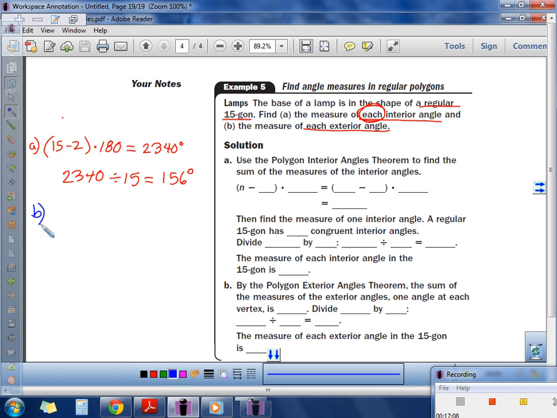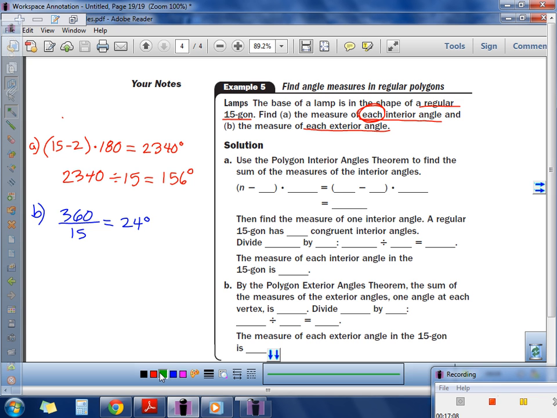Part B wants one exterior angle. Well, what did we learn about exterior earlier? They add up to 360. But how many exterior angles are there? 15. So what do we get? 24.